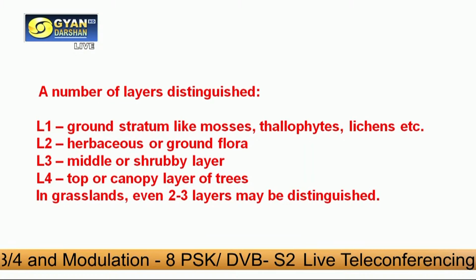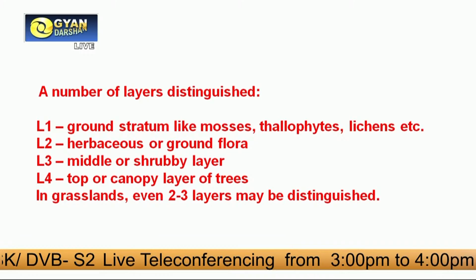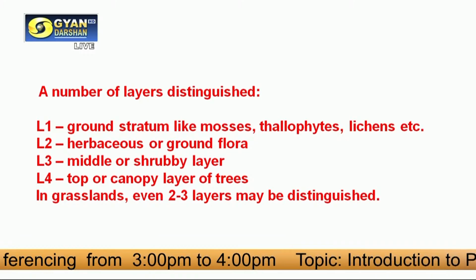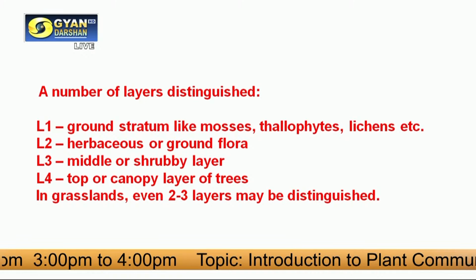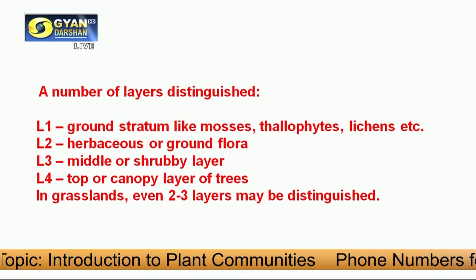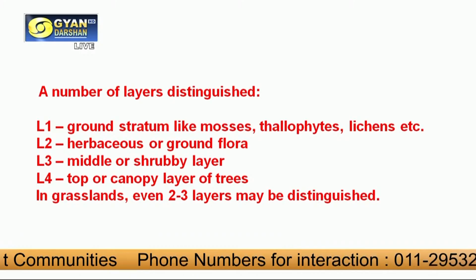L1, ground stratum: mosses, lichens, thallophytes, algae, fungi. L2, the ground flora. L3, shrubby layer. L4, canopy layer of trees. So you can see that they are present in layers. This is called stratification.